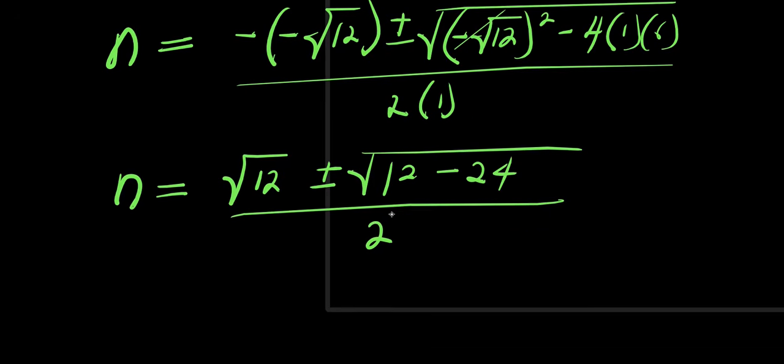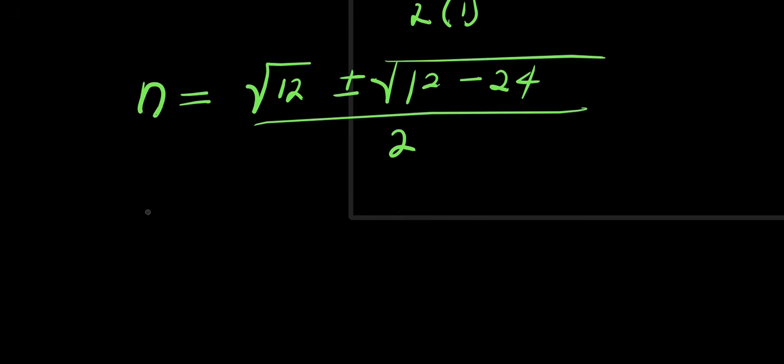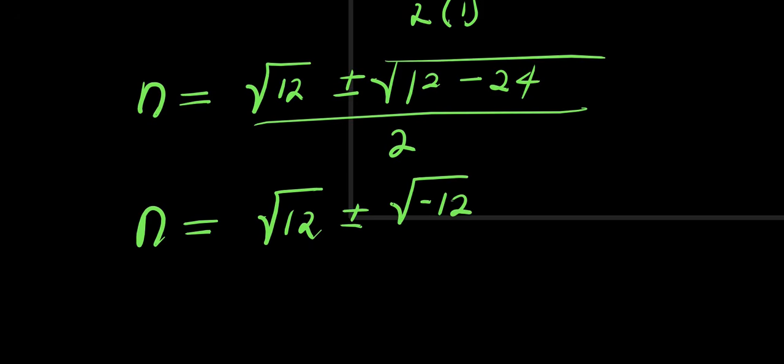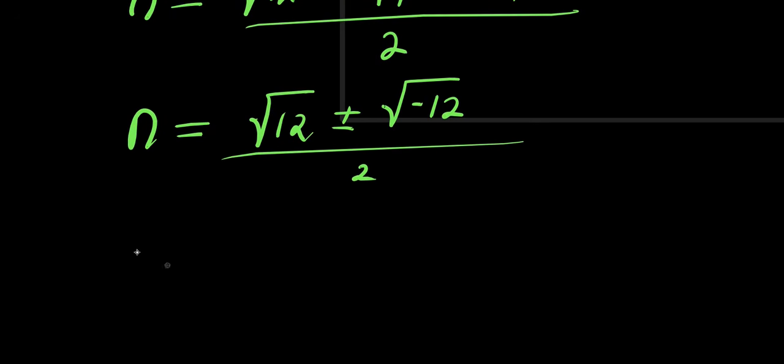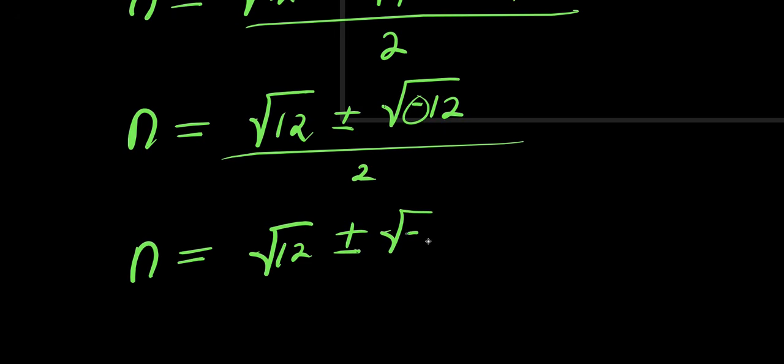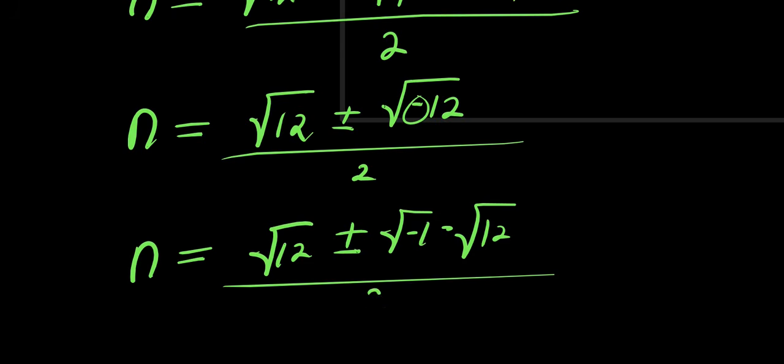So from here, n equals root 12 plus or minus the square root of negative 12, divided by 2. So from here, I have n equals root 12 plus or minus, there is a minus here, negative 1 times the square root of 12, divided by 2.